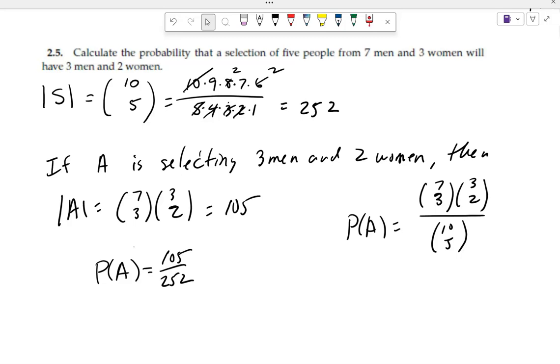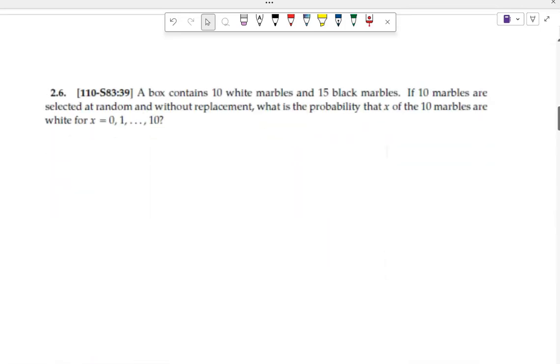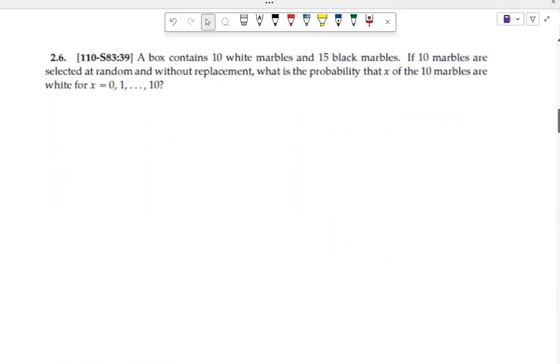Let's look at the next problem on the sheet here. We flipped from picking from a group of men and women to a group of marbles. Some are black and some are white. But it's essentially the same setup, right? We're going to pick a group of marbles without replacement.